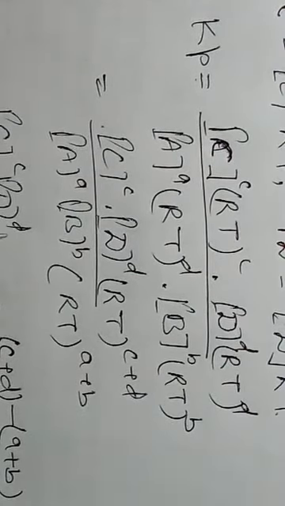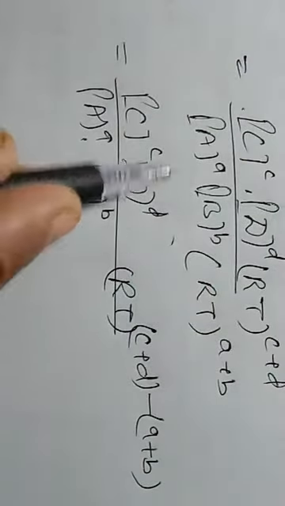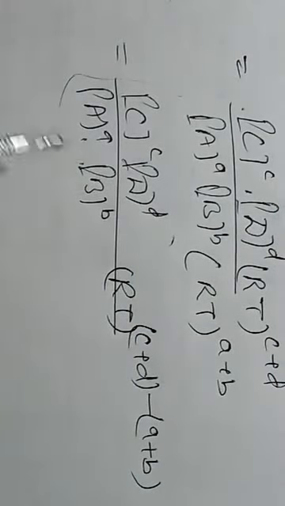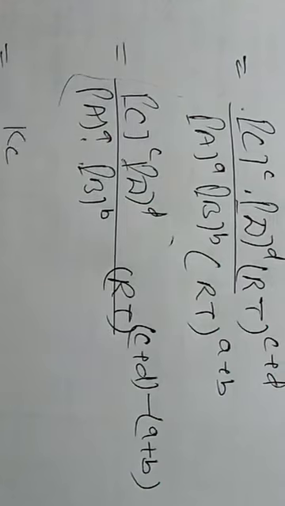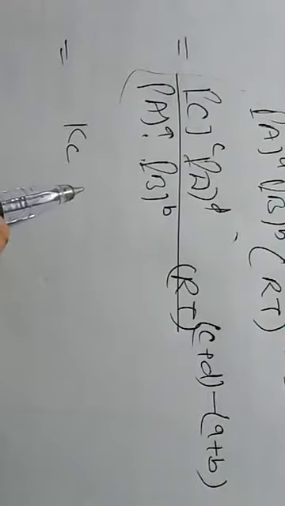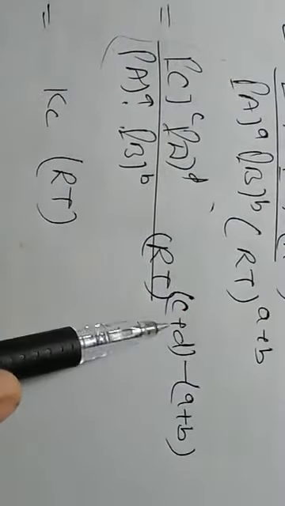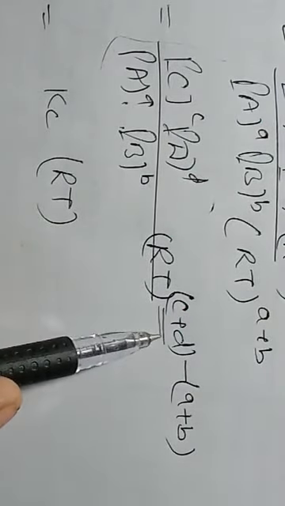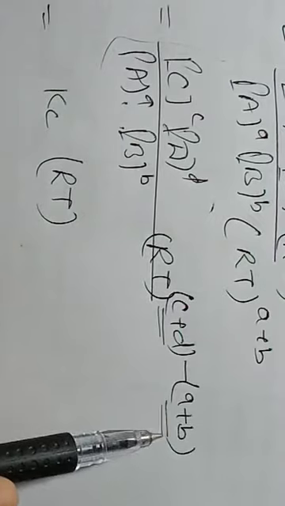Okay students, so this value is equal to Kc, so it will be Kc times RT, and these are the number of moles of product minus number of moles of reactant.